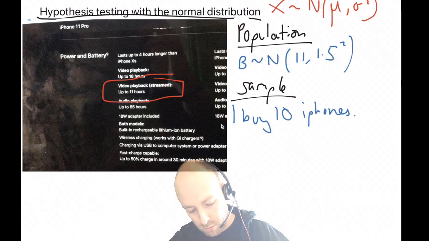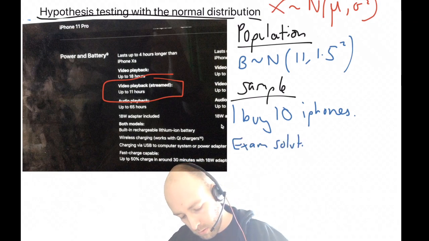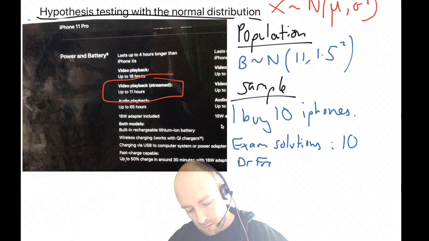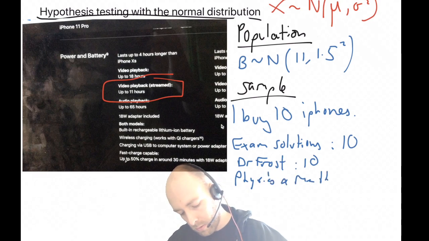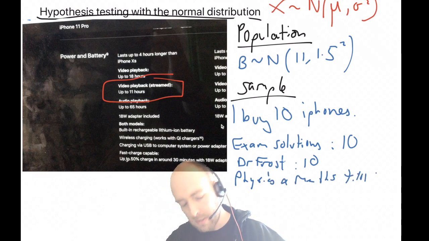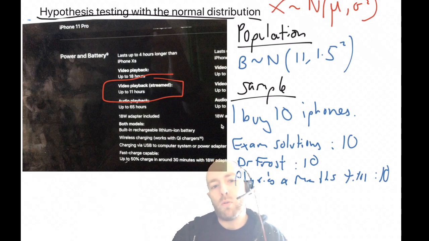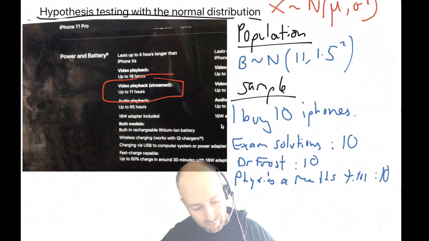So Exam Solutions buys 10. And Dr. Frost, he buys 10. Physics and Maths Tutor, he buys 10 as well. So we've all bought 10 phones. And we're all going to take the average of our 10 phones' battery lives for streaming video.